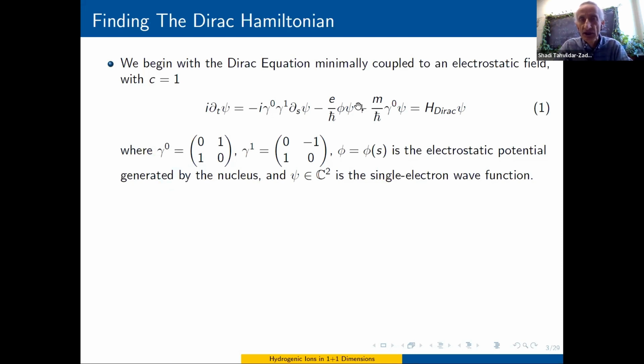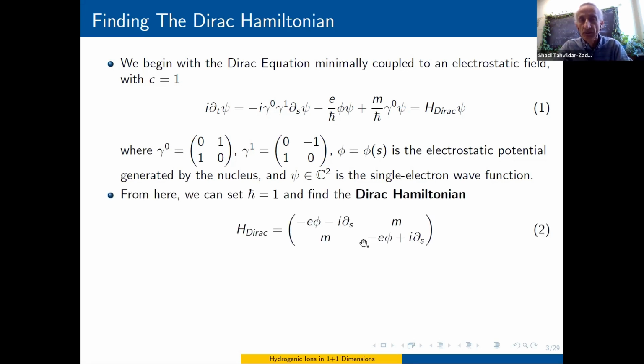And the coupling to the electric field of the nucleus is through this term, where this phi makes an appearance. This phi is the electrostatic potential generated by the nucleus. So if I remove that, that will be the free Dirac equation. And putting that in says that we are looking at the interactions of the electron with the Coulomb field of the nucleus.